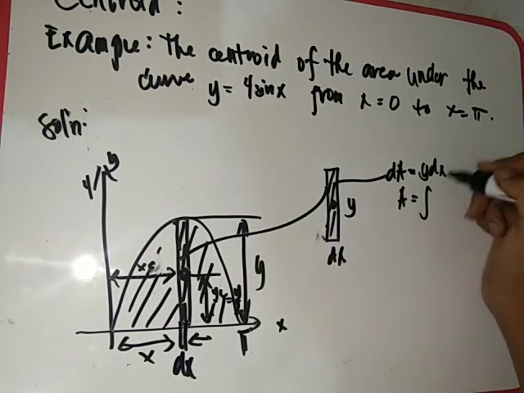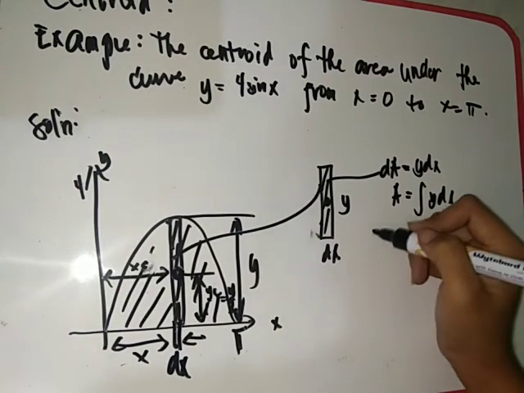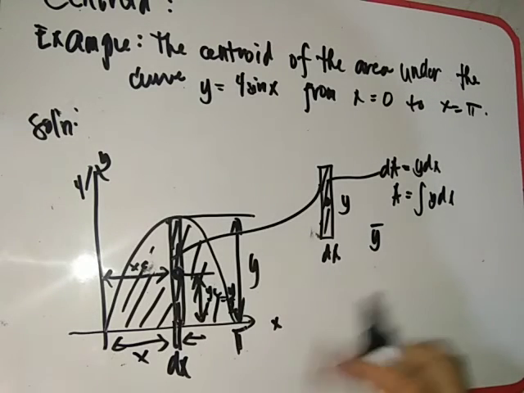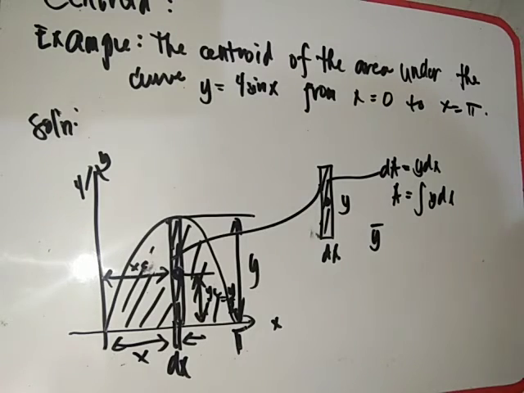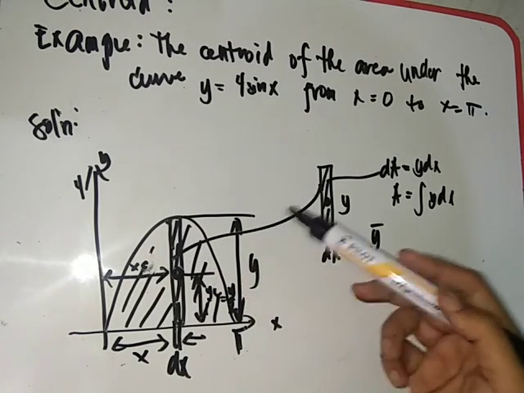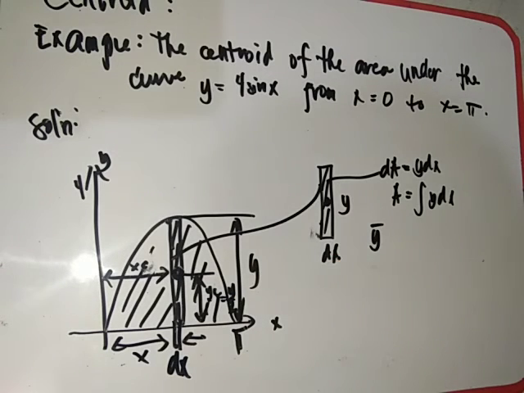Area is integration of y dx. So y bar, to clarify, y bar and x bar are the centroid of the total area. So if you see this YC and XC, that is the centroid of the strip. So let's go back.